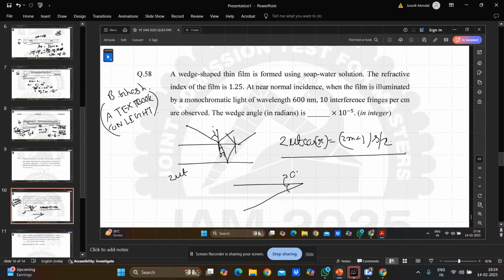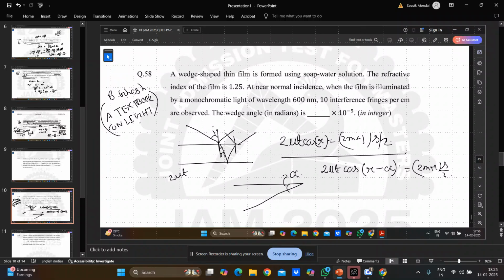So it has a very small angle alpha, so it is not a parallel film. For this kind of problem, your condition reduces to 2 mu t cos(r minus alpha), or alpha minus r, inside the cosine, is (2m plus 1) lambda by 2. If you want to know how to derive it, you must follow the derivation in B Ghosh's textbook.